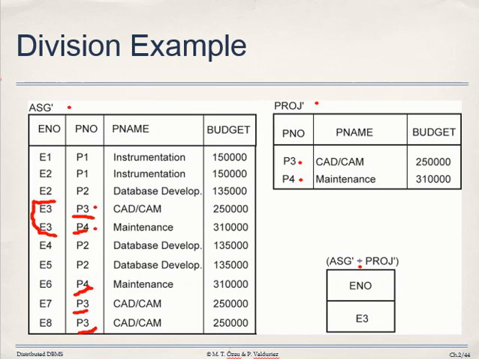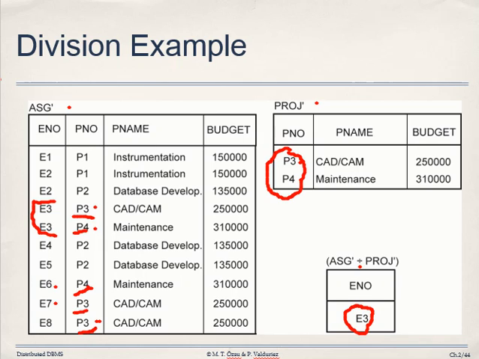P4, P3, but here the employee numbers are different. Here E8 currently works with the P3 project. So in the result we will get only E3. Now why E3? Because what do we want here? We want an employee list, or employee numbers, of employees who are working on P3 and P4 projects simultaneously.